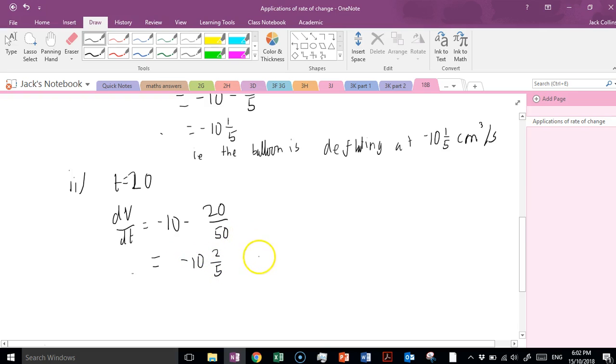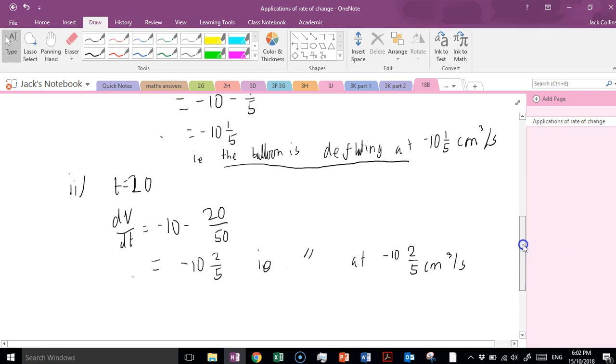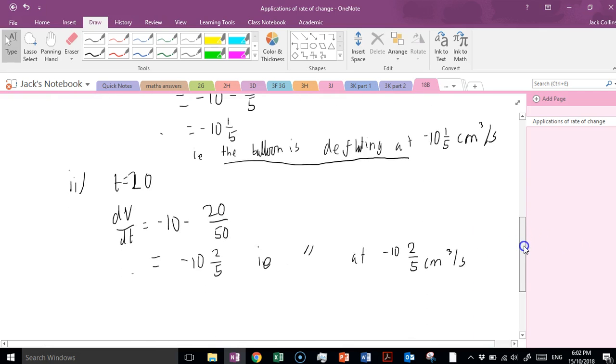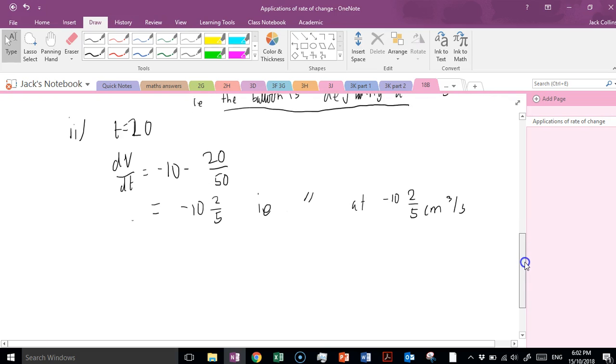I.e. the balloon is deflating at negative 10 and 2/5 centimeters cubed per second. So the rate of deflation is actually increasing as more time passes between 10 and 20 seconds.